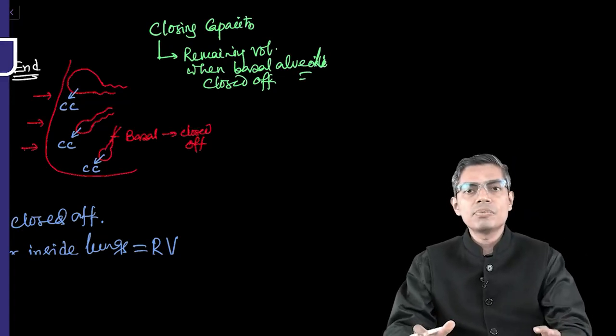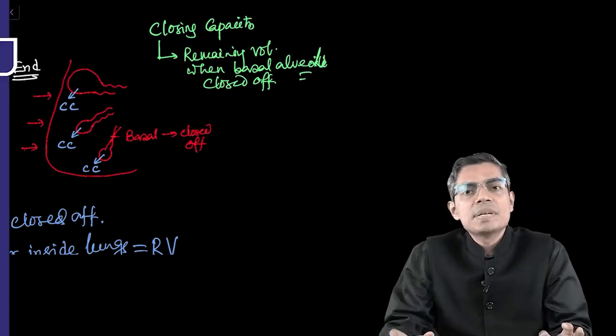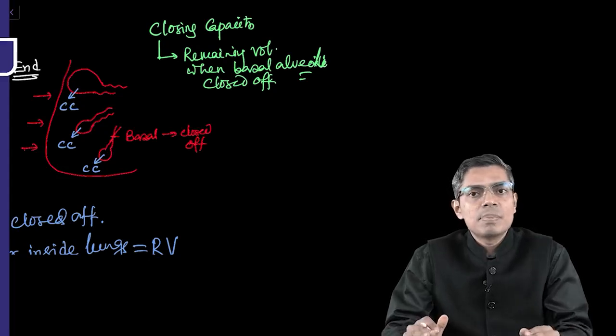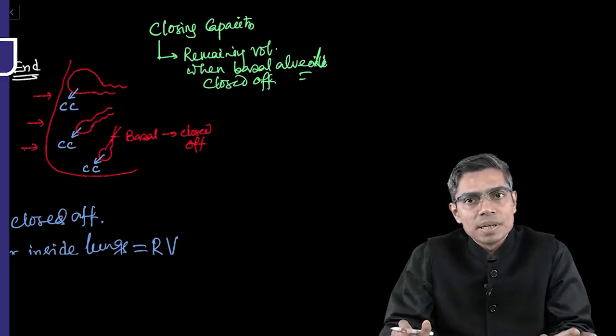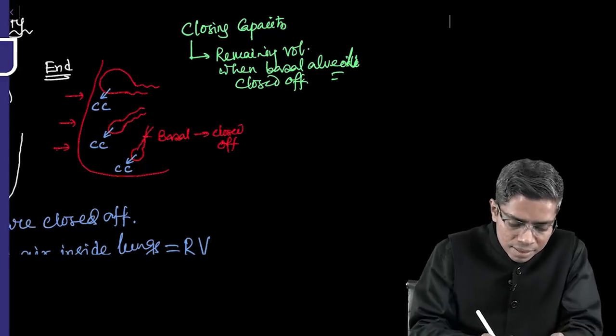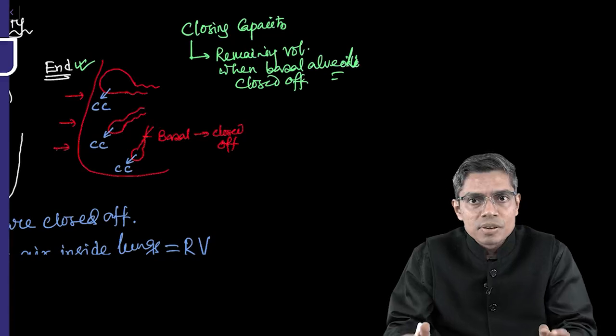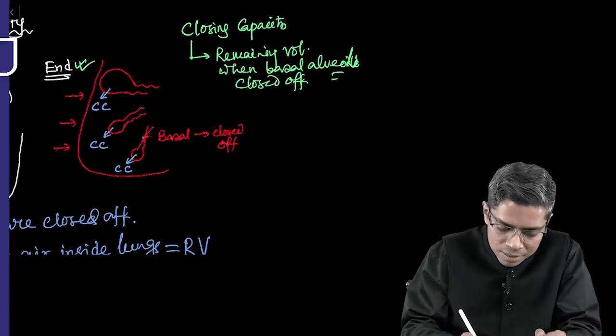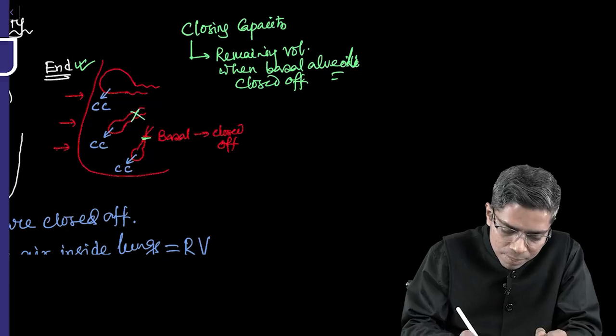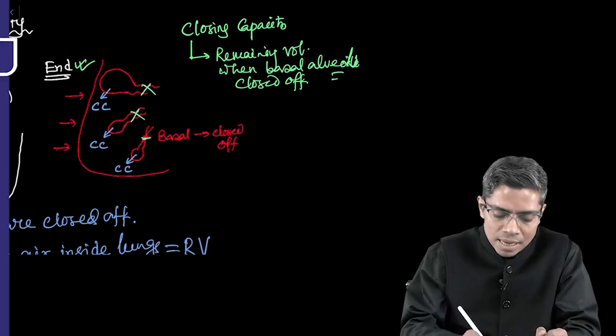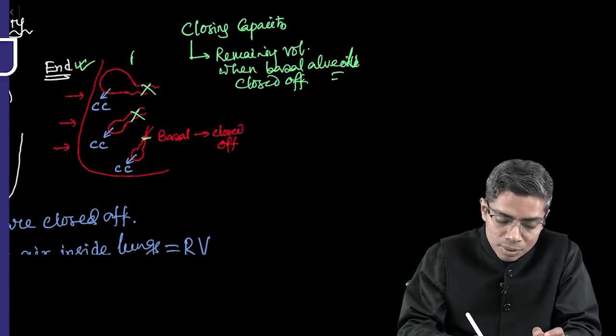So this is the volume which is remaining inside the lung when only the basal alveoli are closed off, but middle part and apical alveoli are still open. So obviously I can understand that if I continue doing this maneuver of forceful expiration, what will happen? The basal will be closed first, then the middle part, and then the apical will be closed, and then the remaining volume will be known as the residual volume.